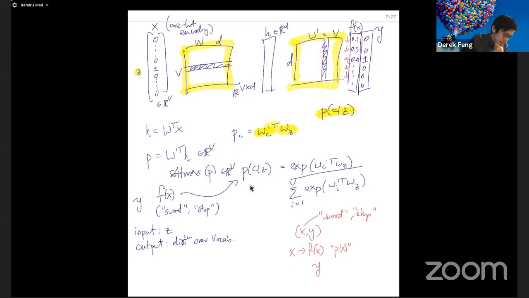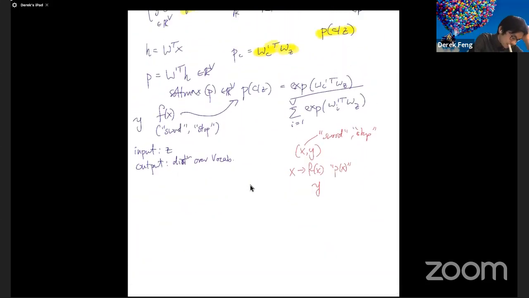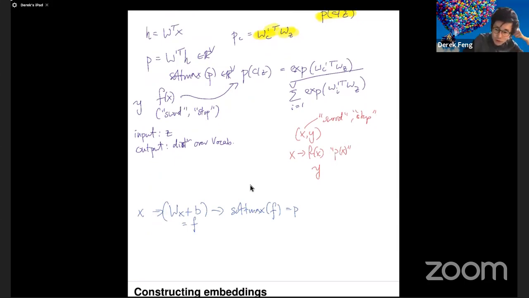If you think about logistic regression, I start with my X and hit it with WX plus B. Then I do a softmax on this thing, which I call F, to get back something like P. So this is a more general version.